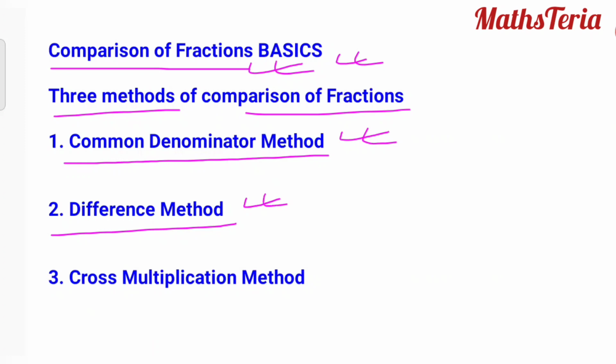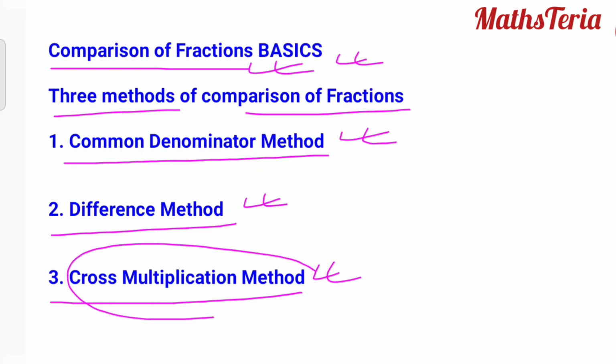And the third and most important method of comparison of fractions is the cross multiplication method. This is the most important method as it is very less time consuming and also very much accurate. So, students preparing for general competitive examinations must practice this method for questions based on comparison of fractions.